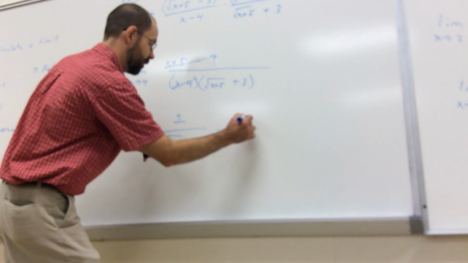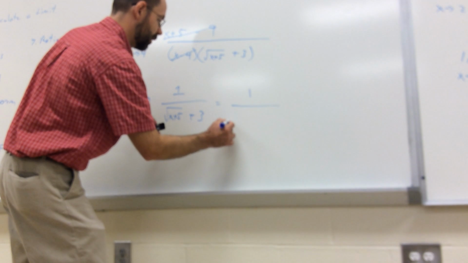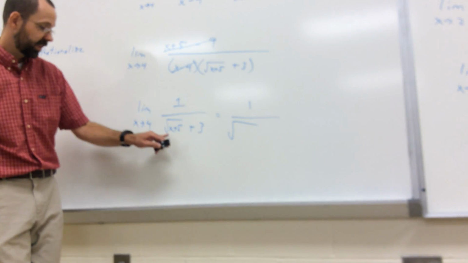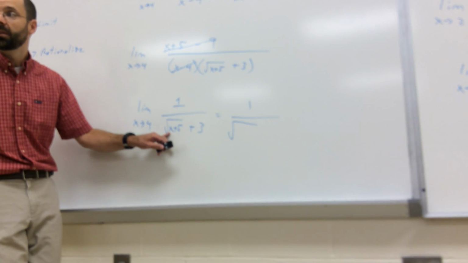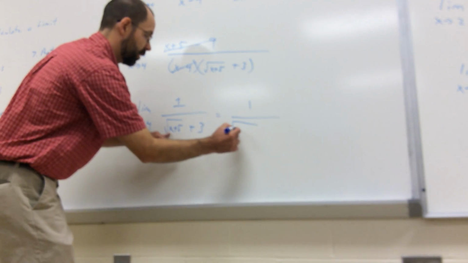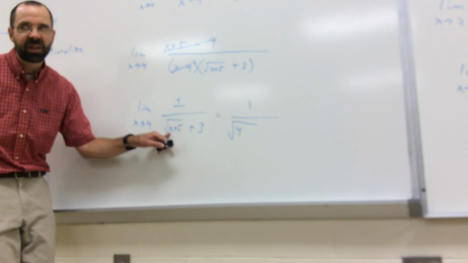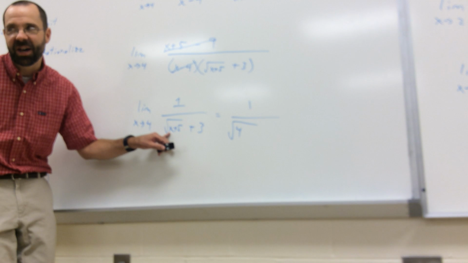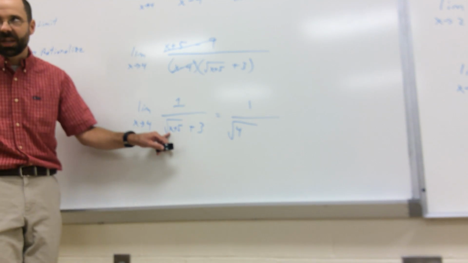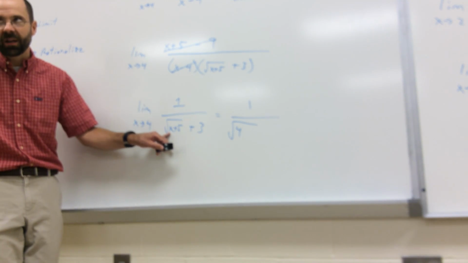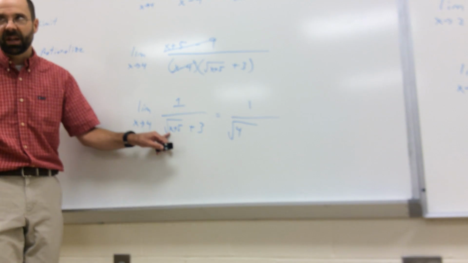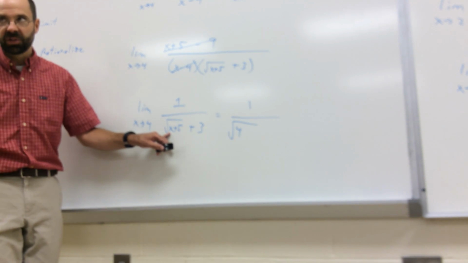Okay, so what's the limit of 1? Okay. What's the limit of x? It looks like I'm plugging a 4 in for that x, right? But I'm not doing that. I'm making a table, 3.9, 3.99, getting close to 4.